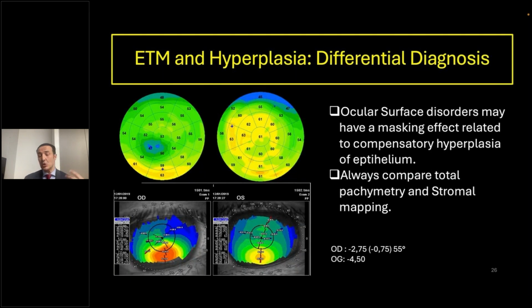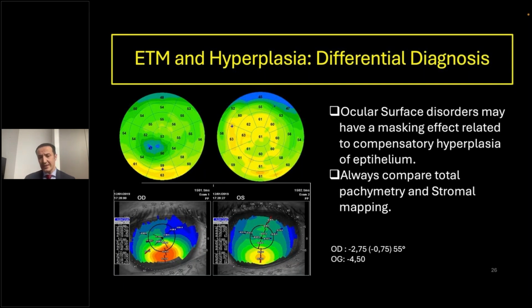This aspect was already published 10 years ago by Dan Reinstein with Artemis. And look here on the right eye, we observe a very pathognomonic aspect of keratoconus, and we can confirm with the corneal topography. But in the left eye, we observe a hyperplasia.